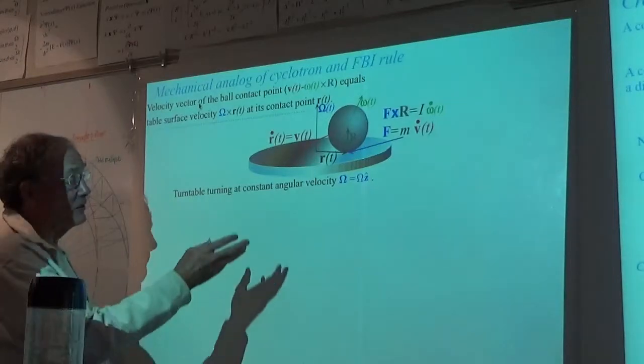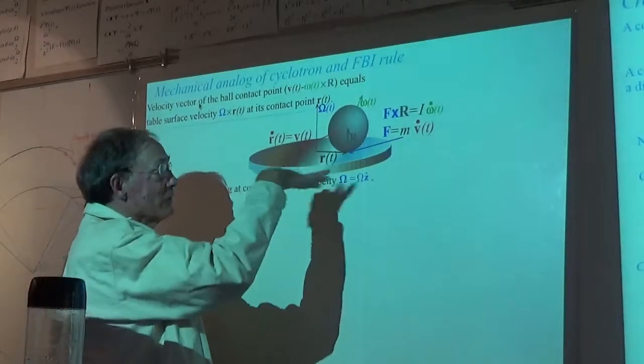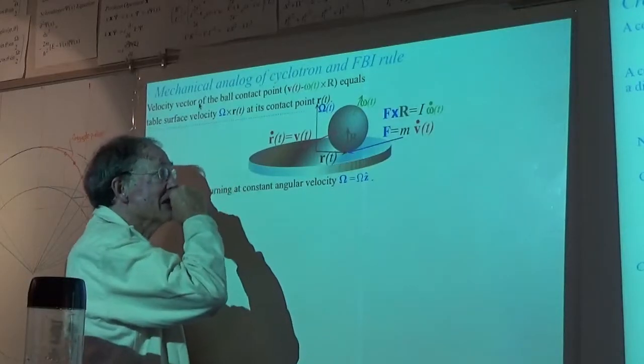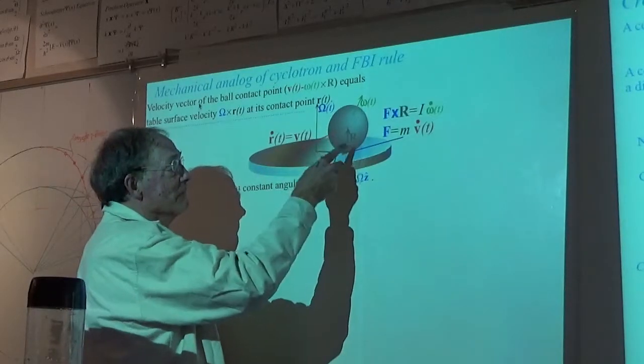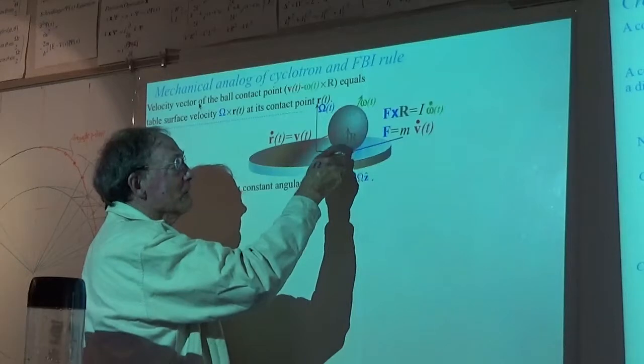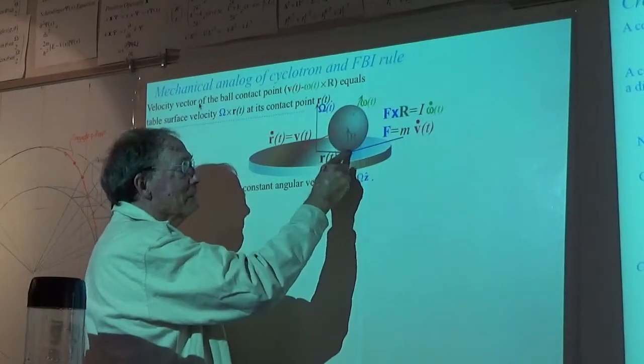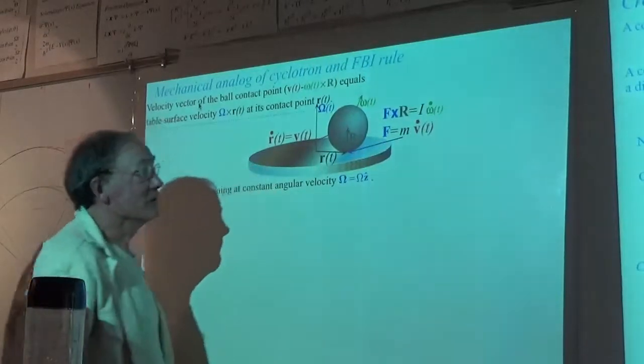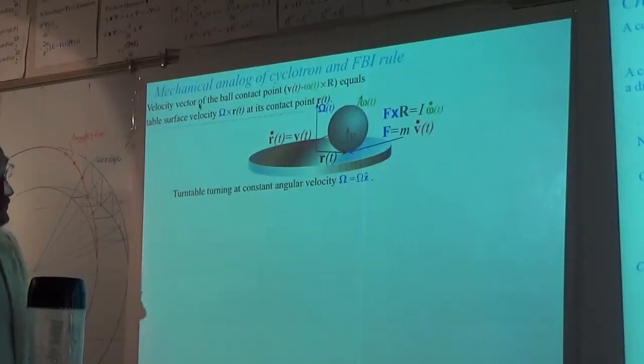And that's remarkable, because you would think that something on a table spinning pretty fast, about 45 to 60 or so RPM, would just fly off, and it doesn't do that. It does pretty close to what we're going to be calculating here.